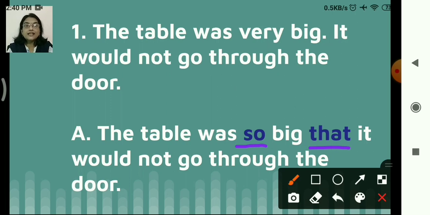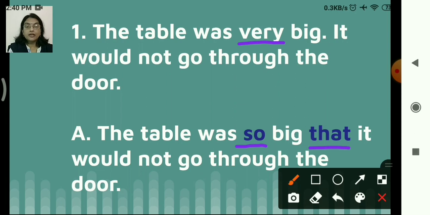In the first sentence, right? We have removed very and what is added? So and that. So our answer is, the table was, instead of very, we have done here so. We have changed it into so. So big that.